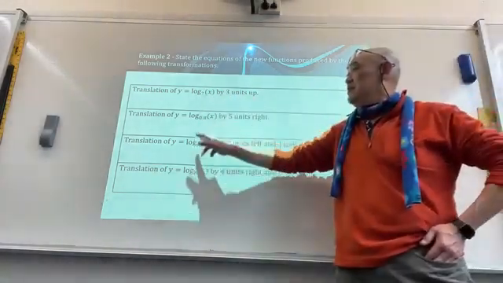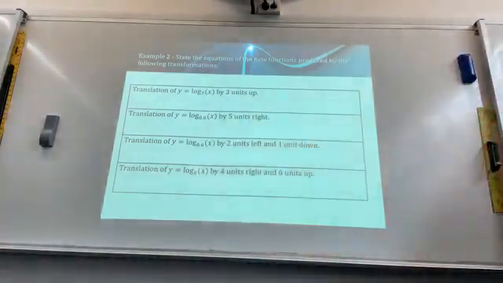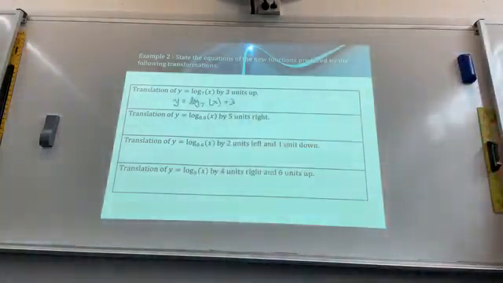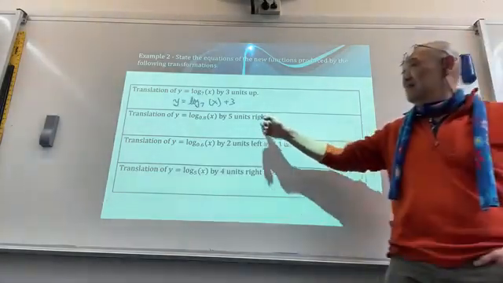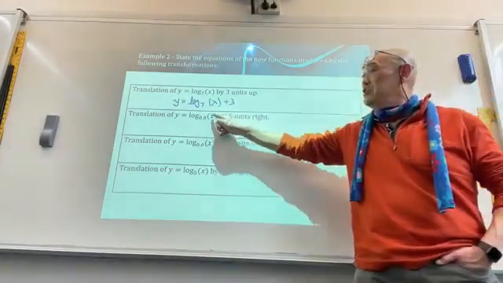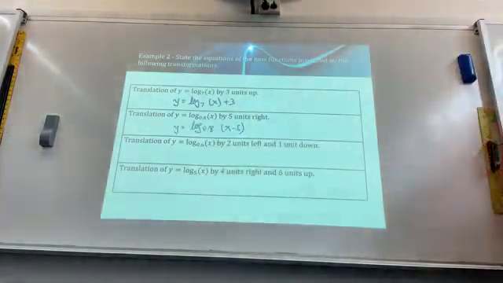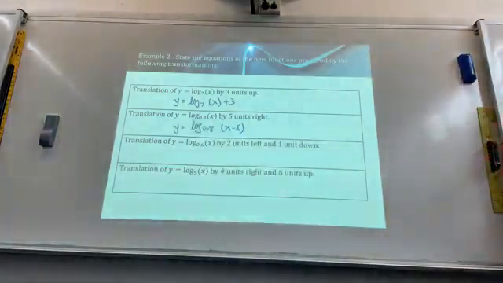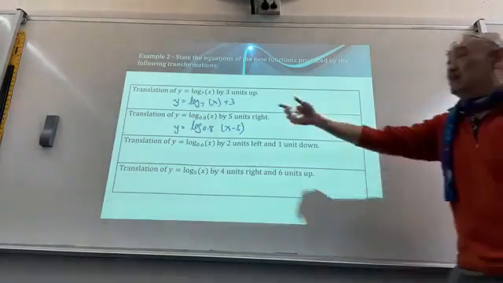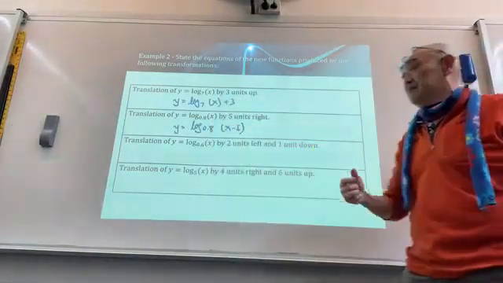The base really does not affect the equation, but you need to know how to do this. Now this one to the right, you know that it has to be inside the bracket: x minus 5. So up is outside the bracket, up and down. Left or right is inside the bracket.